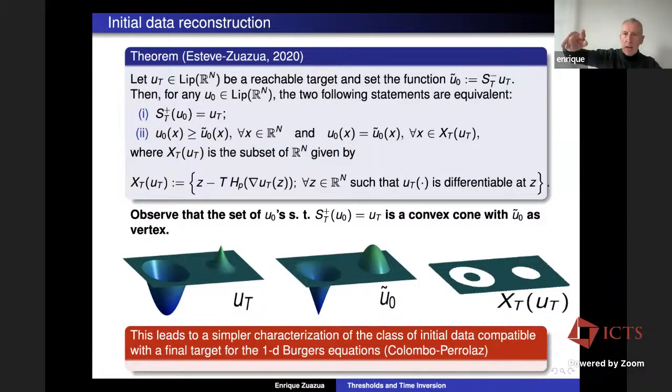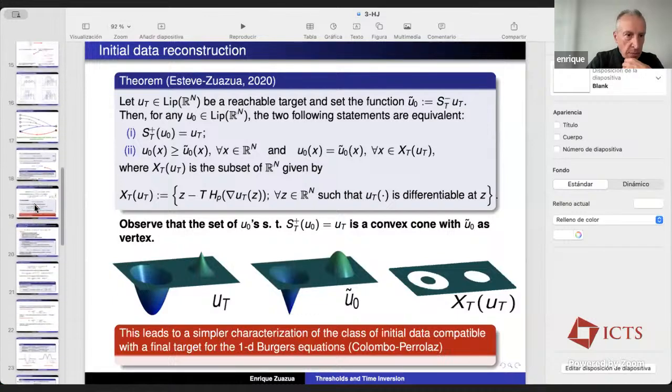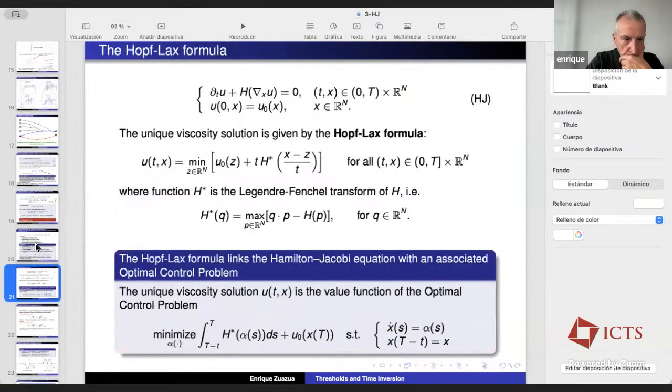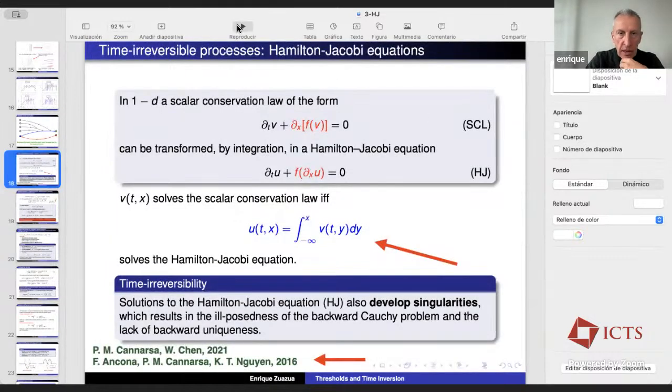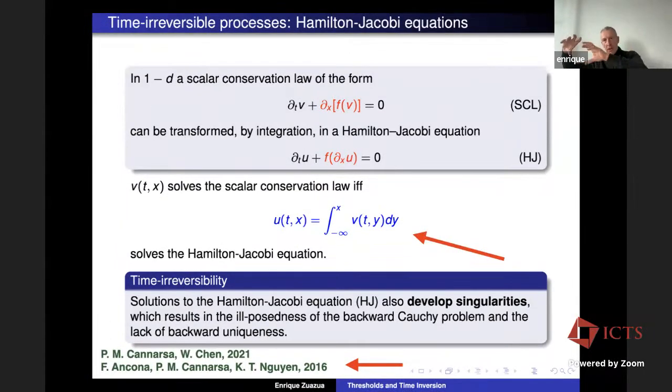And in particular now, if I use again the transformation between Hamilton-Jacobi and Burgers, but this time in the opposite sense, so to go from Hamilton-Jacobi to Burgers, I can say for Burgers what are all the initial data that lead to the final target.